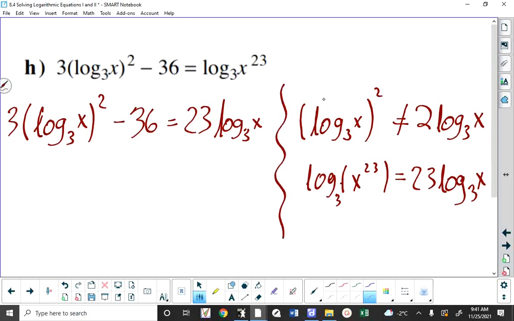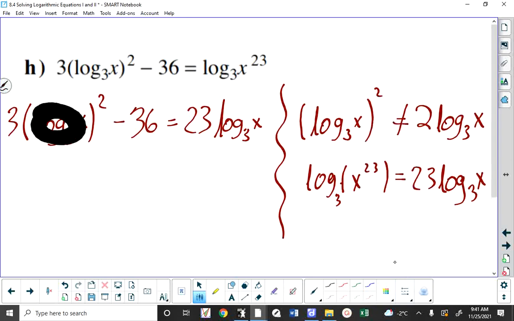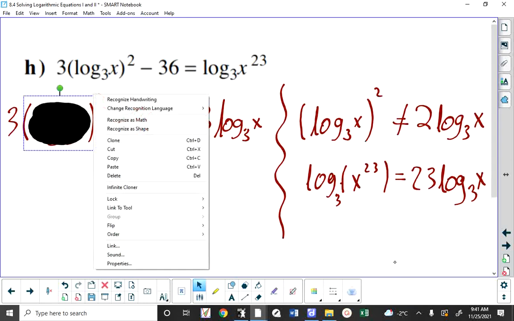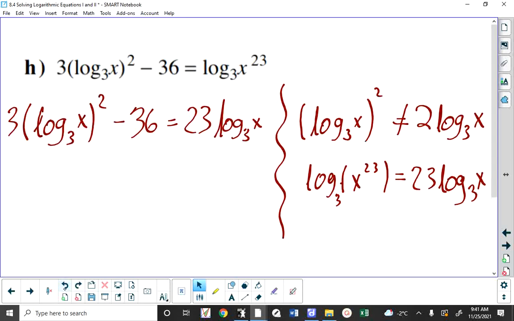So we have a quadratic thing. You have 3 times something squared minus 36 equals 23 times that thing. That's quadratic. That's like having 3a squared minus 36 equals 23a. I don't know if there's anybody here who would benefit from this.